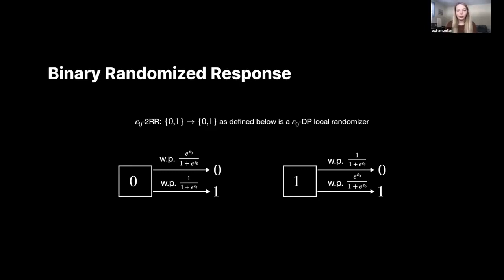And on the input 0, you output 0 with slightly higher probability than you output 1. And slightly higher is given by these probabilities here. So this is the biggest probability I can assign to 0 so that I can maintain differential privacy. Okay, and on 1, I do the opposite. I give more weight to 1, obviously.